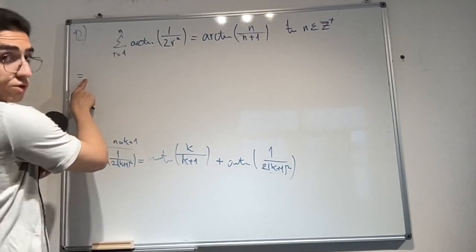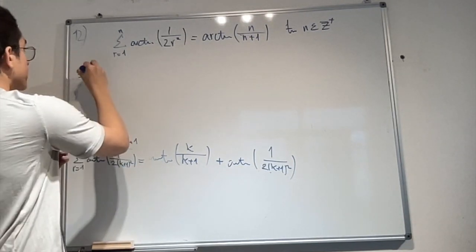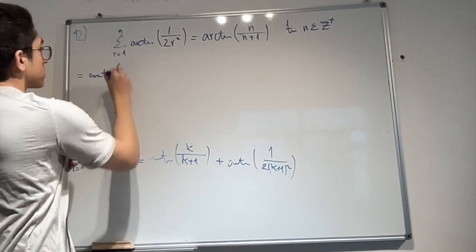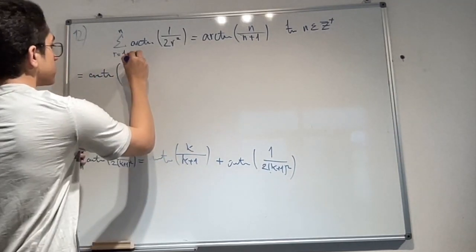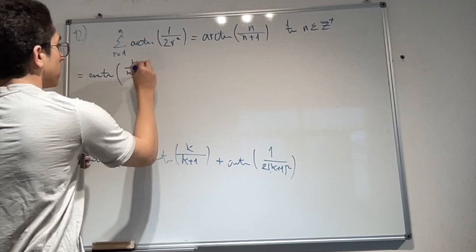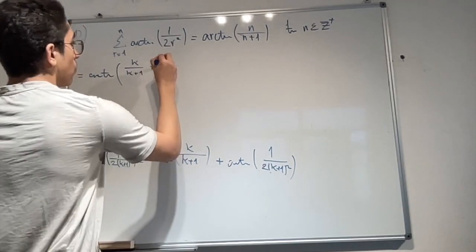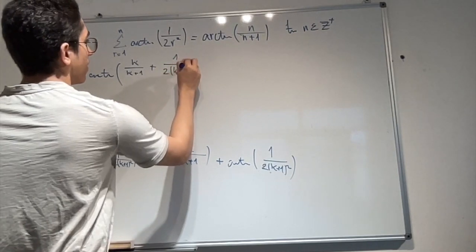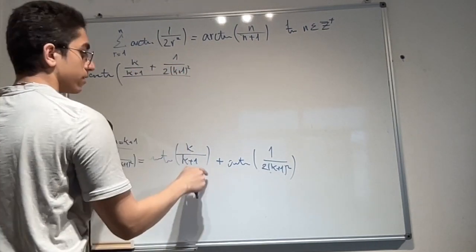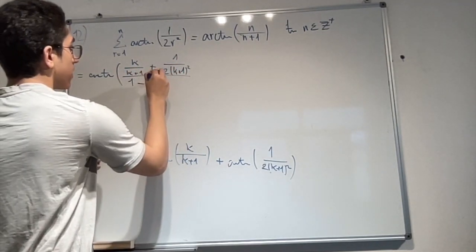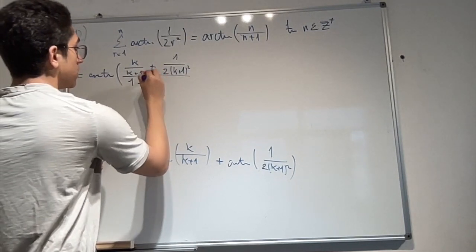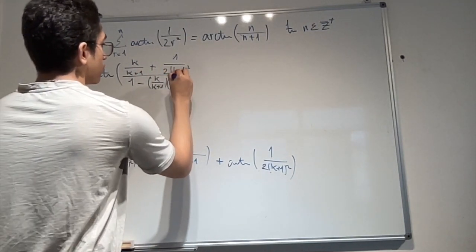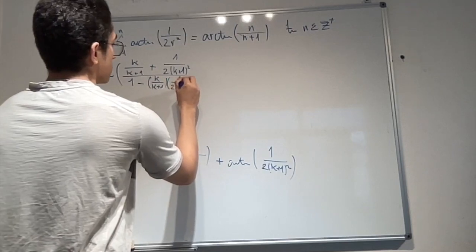So we're going to write this as a single arctan. I'm going to continue writing it here. So arctan of k over k plus 1 plus 1 over 2k plus 1 squared, and all of this over 1 minus k over k plus 1 times 1 over 2k plus 1 squared.